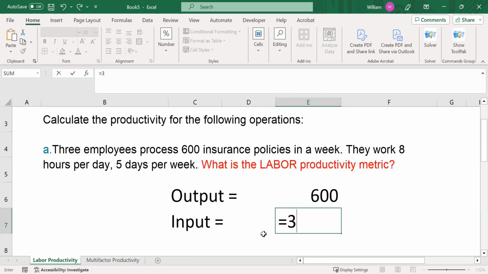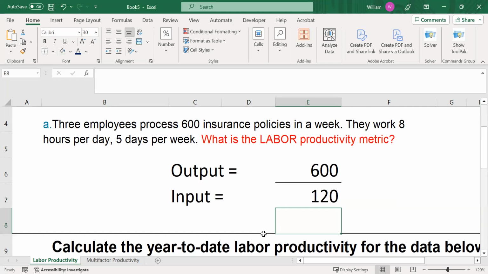So our resource is 3 employees, but I want to break our input into how much total time was available within the course of this 1 week. So we had 3 employees working 8 hours a day and working 5 days a week. Okay. So our total input for this company for this 1 week was 120 hours.